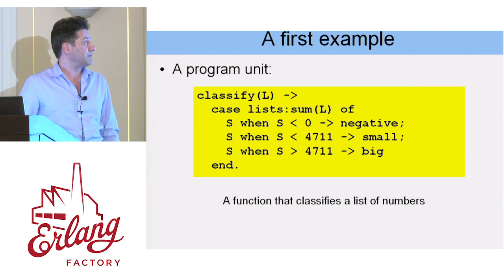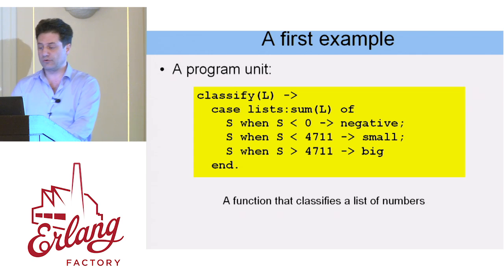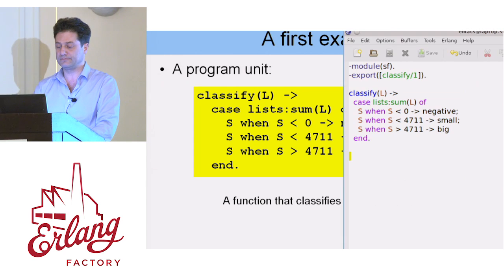If the sum is less than 0, then it returns negative. If it's less than my favorite 4-digit number, it returns small, otherwise it returns big. Okay, so I have this program here.